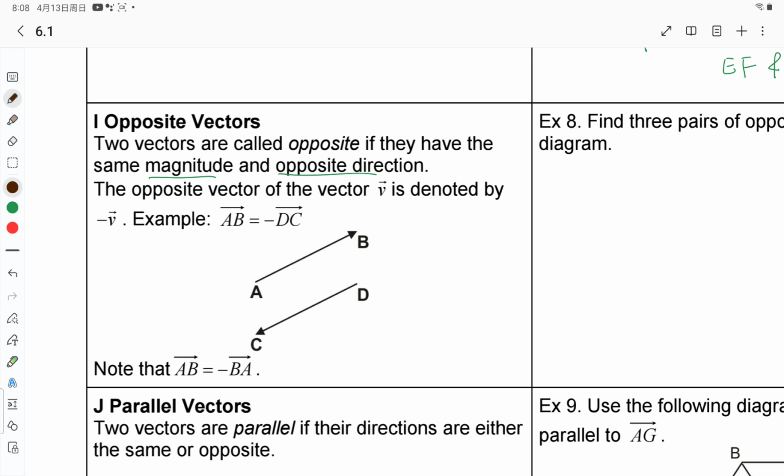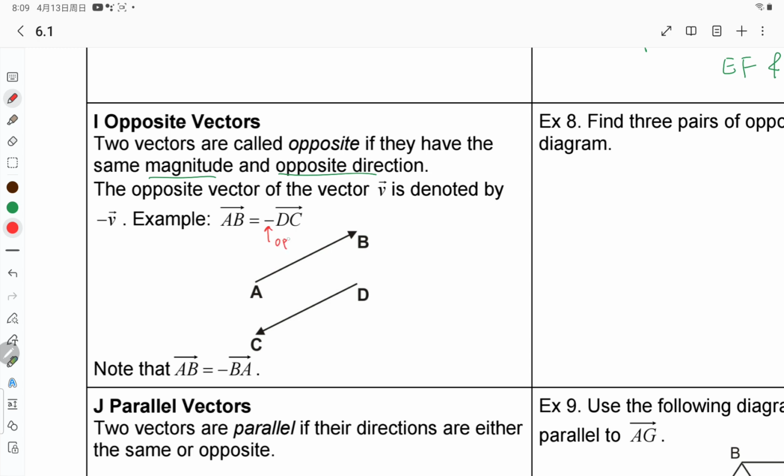This is actually quite important. I think you will use this in your comprehensive questions in physics. It applies to physics. You just use the negative sign. A negative sign means opposite direction.